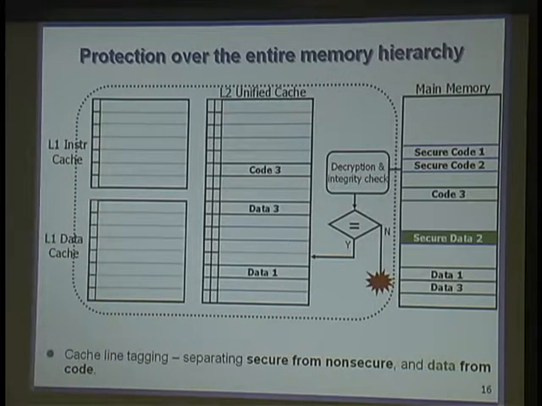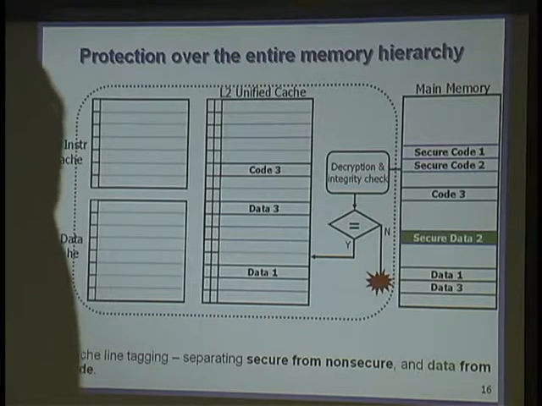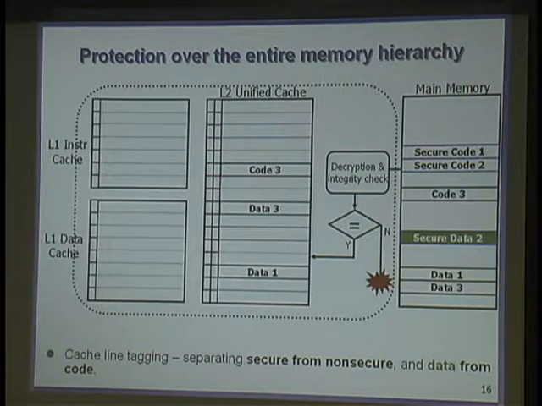So let's say we bring in ordinary instruction cache lines, which is code, or data lines. You just bring it in, it doesn't do any decryption or integrity checking, and nothing is set in the new tags on the cache lines.